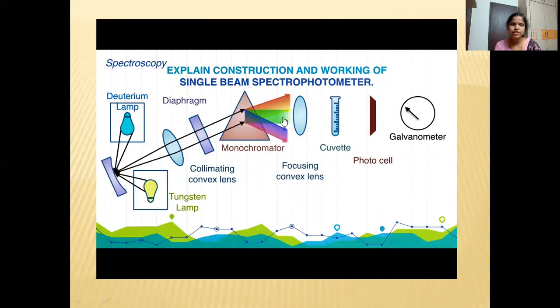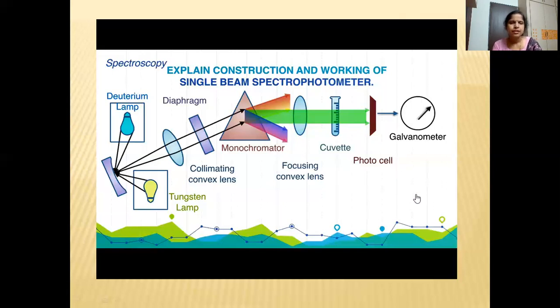A specific wavelength of the light is selected by using the prisms and gratings. Then it is made to fall onto the sample solution. The transmitted light will fall on the photocell, and that light is converted into an electric signal, and that is measured by the galvanometer.